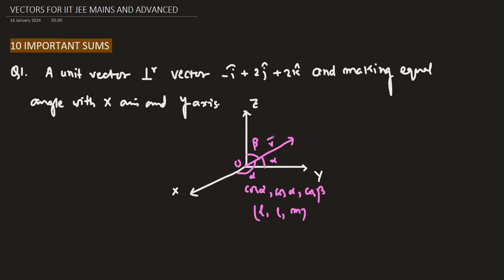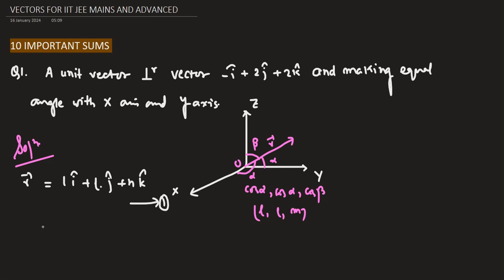Now if I call this unit vector r, I can write it as r equals l i plus l j plus m k, where l and m are... the first two are equal, so we write both as l. Okay? So this is our vector.